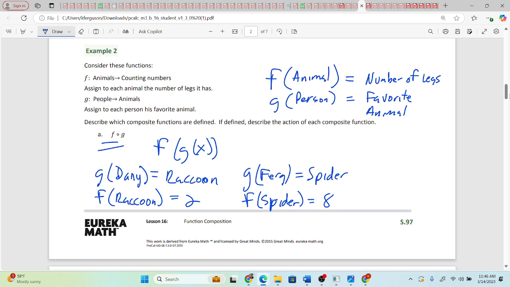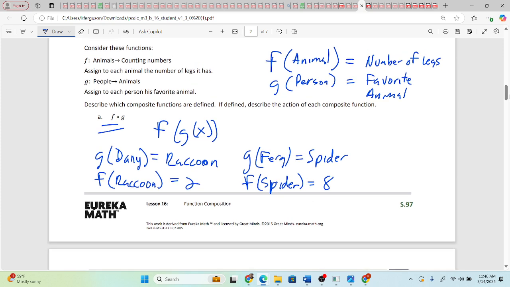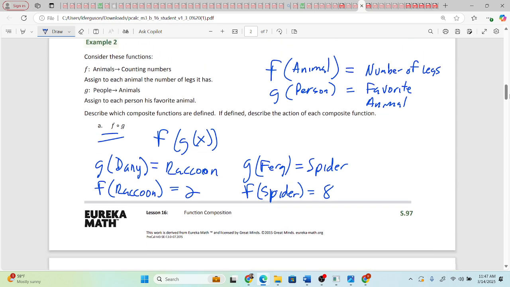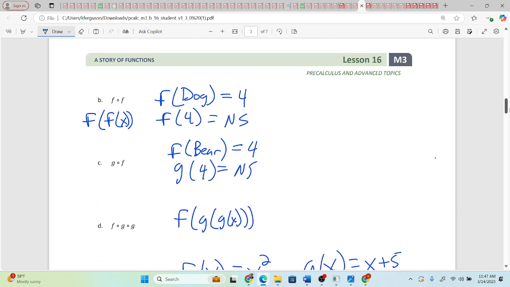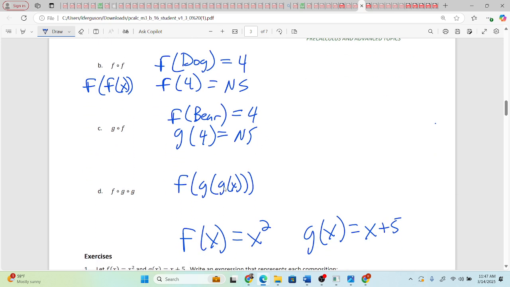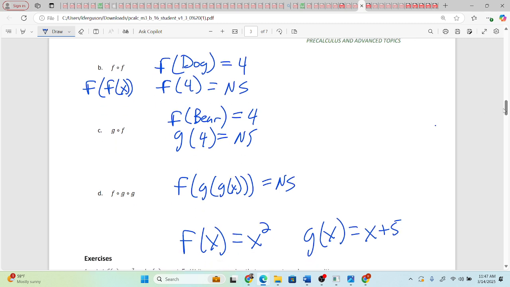I'm sorry, I'm really messing up. So we definitely talking about Demetrius now. We put in Demetrius, and we're supposed to get dog. So for g of x, I would say Demetrius, and I would get dog back. Then my next function is g. I would say g of dog, and it would be like, no, dog doesn't have a favorite animal. So no solution. This doesn't work. None of the other ones work. Does everybody follow what I'm saying? Okay.